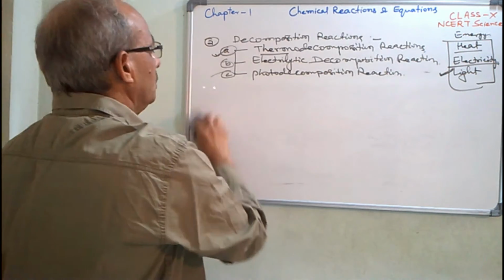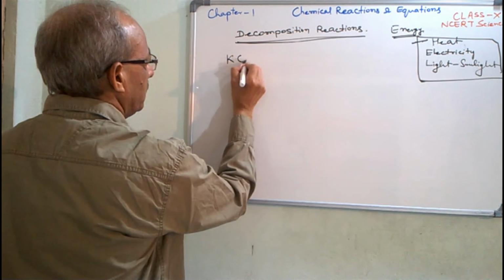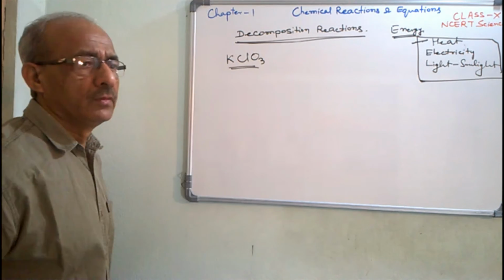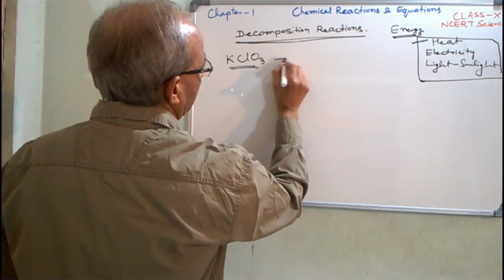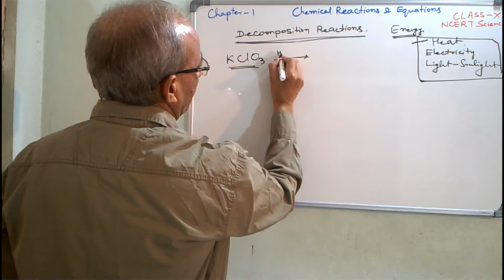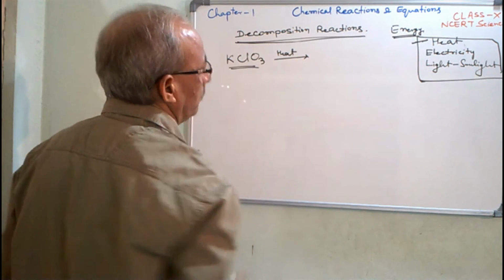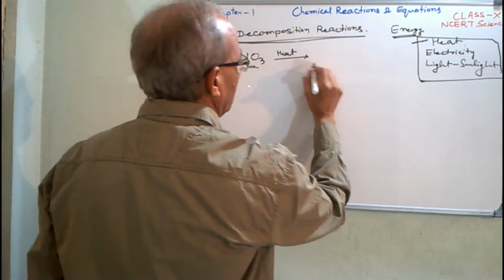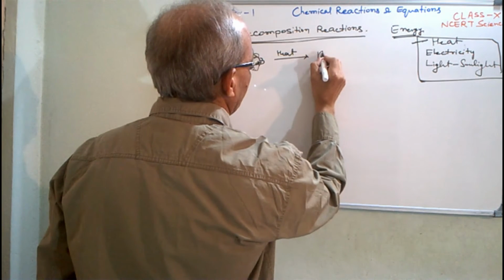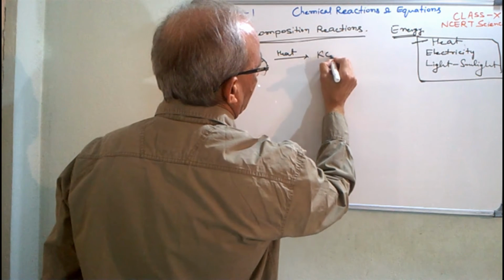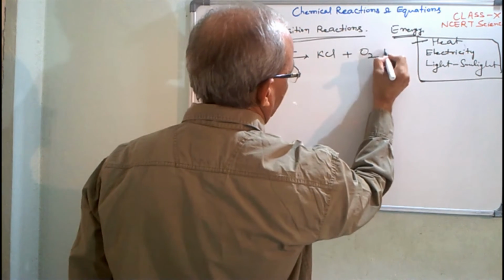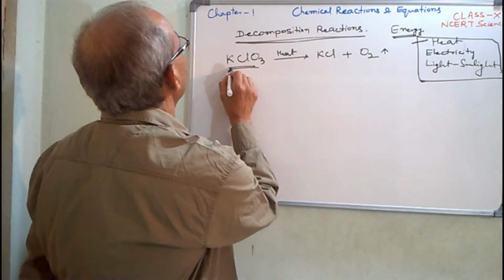In the chlorate, potassium chlorate is heated strongly. Potassium chloride plus oxygen gas is produced.